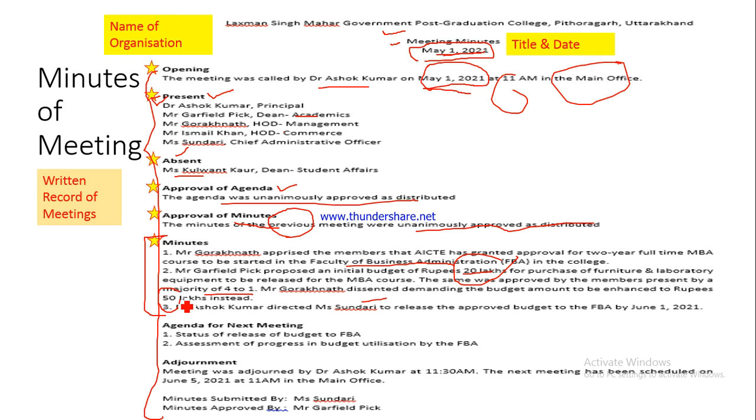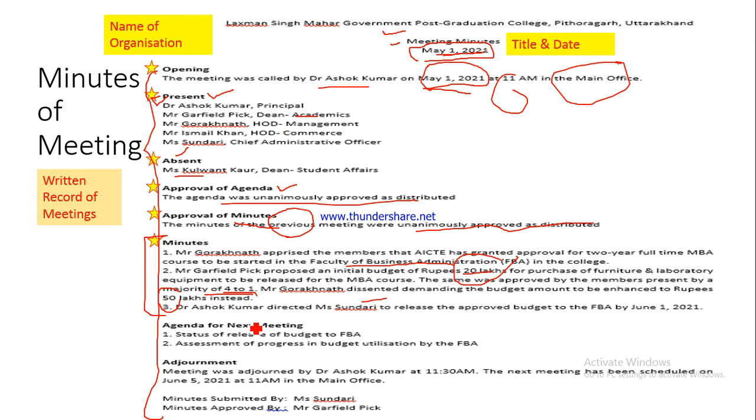So that was one issue on which Mr. Gorakhnath dissented, and that's why it has been written that the proposal was approved by a majority of 4 to 1. So Mr. Gorakhnath was the one who dissented, right? However, still the proposal was approved because it was having backing by majority of the members. 4 out of 5 members backed that proposal, so it was approved.